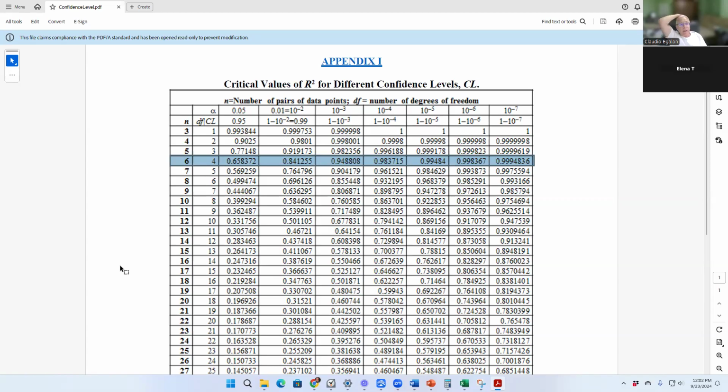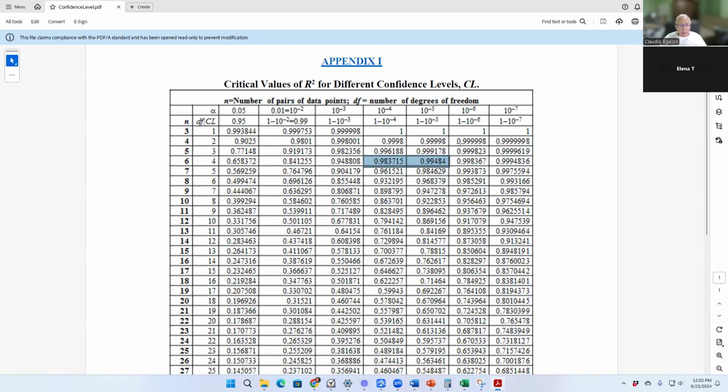And then you have to tell me what is your R square. My R square is 0.9867. Okay, 0.9867 is between those two values here. Do you see that?